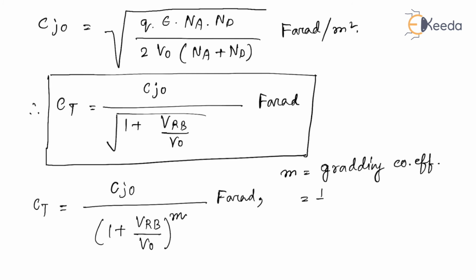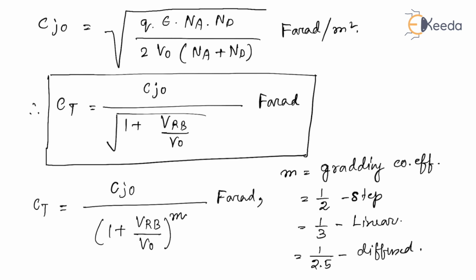So, m will have a value of half for step graded junction, 1 by 3 for linearly graded junction, and 1.25 for diffused PN junction.